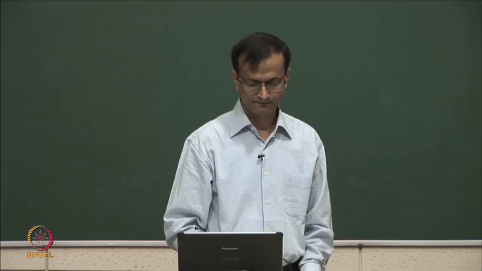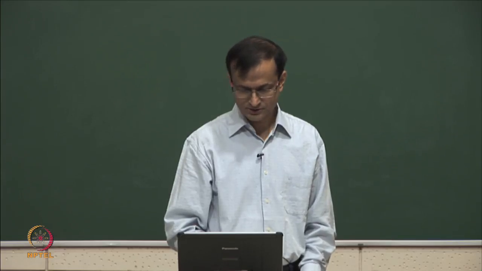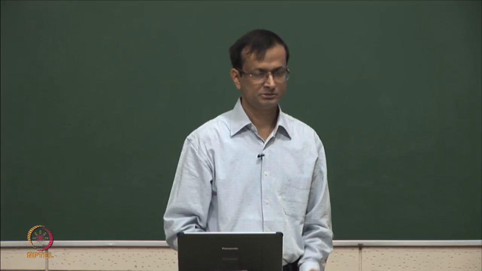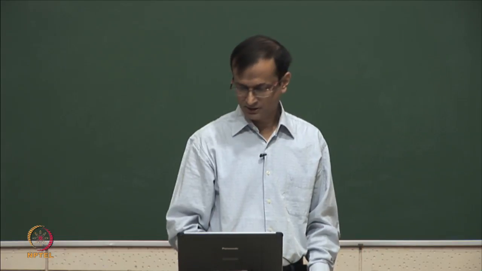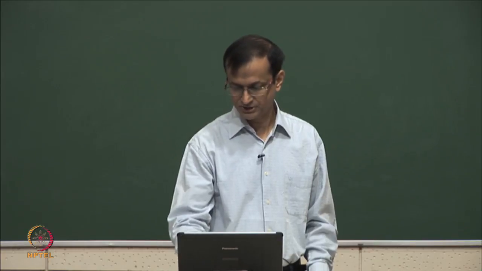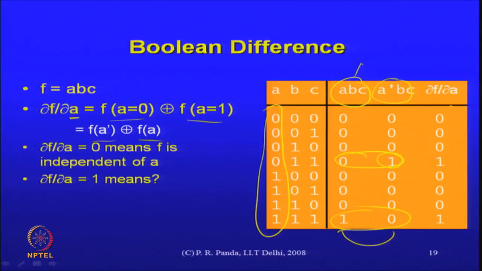What else can we say? In general, Boolean difference is a function. These are just two extremes. In general, what is a Boolean difference? When you do an XOR, as it is here, what is the Boolean difference actually here? It is neither 0 nor 1. This is a column that consists of both zeros and 1s. So, what is that difference?